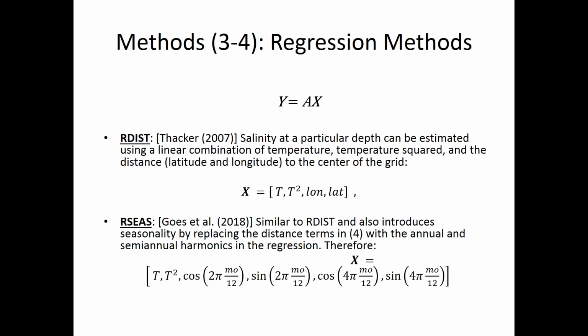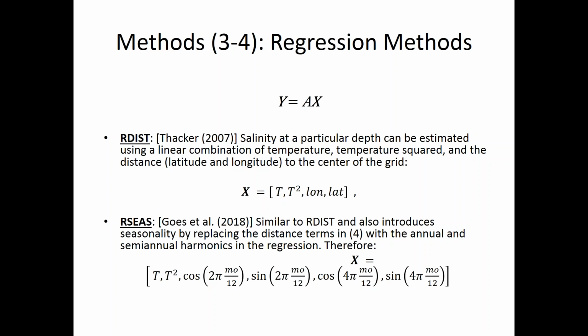It's called RDIST, a regression with distance. This is the method used by Tucker in 2007, which said that salinity at each depth is related to temperature, temperature squared, and the distance with latitude and longitude to the center of each grid. So these are the predictors here: T, T squared, lat, and lon.